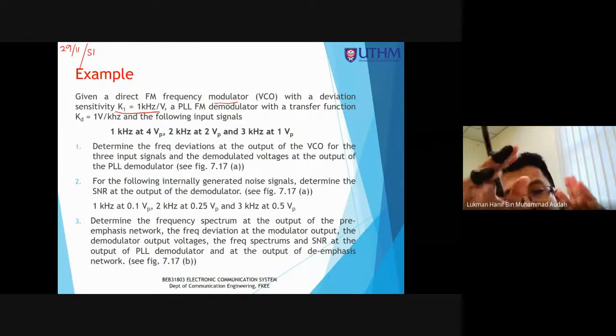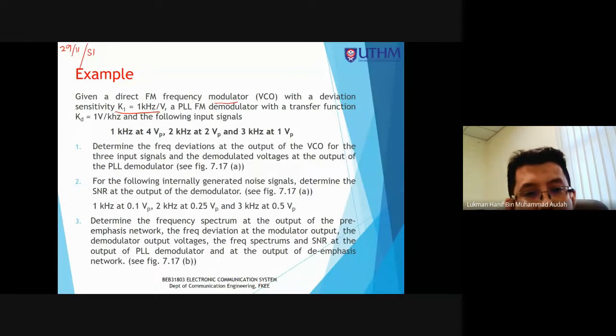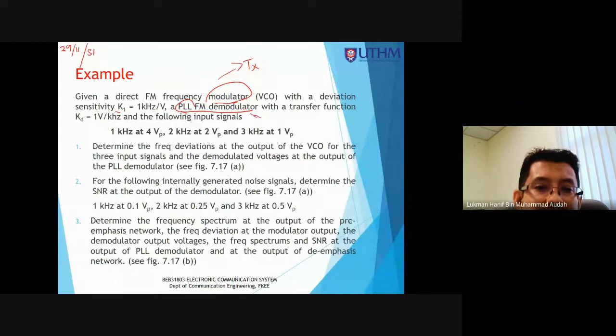So this is perubahan hertz terhadap volt and a PLL FM demodulator. So modulator berada pada transmitter. Demodulator, this is a phase lock loop FM demodulator. Nanti you akan lihat ini PLL. Phase lock loop demodulator located at the receiver has a transfer function of KD 1 volt per kilohertz and the following input.